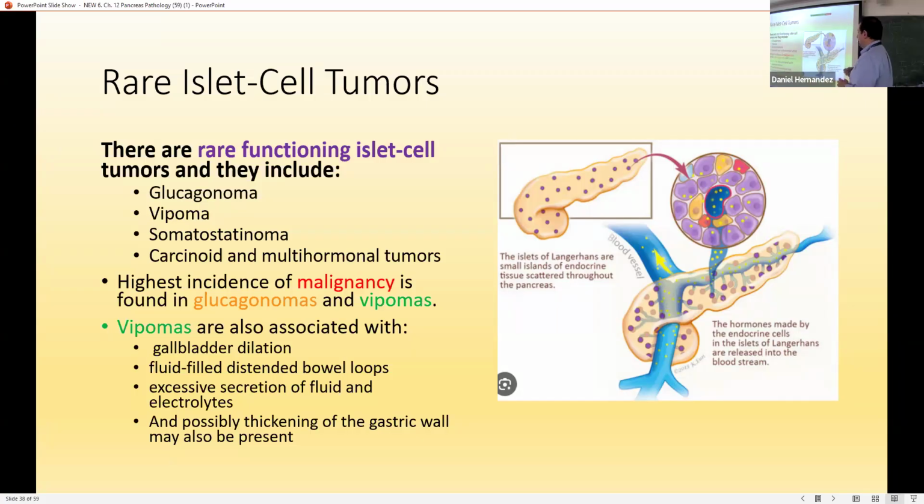These tumors can also be associated with gallbladder dilatation and some biliary disease. They're fluid filled. You might see fluid-filled distended bowel loops, excessive secretion of fluid and electrolytes. Possible thickening of the gastric wall might also be present with some of these.